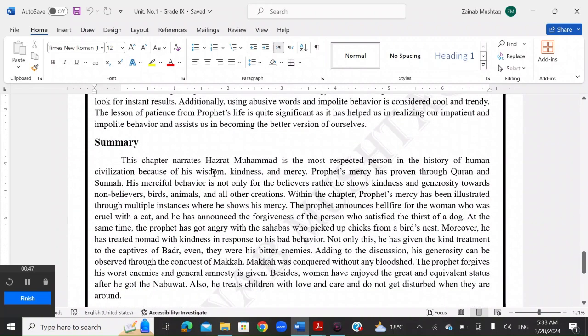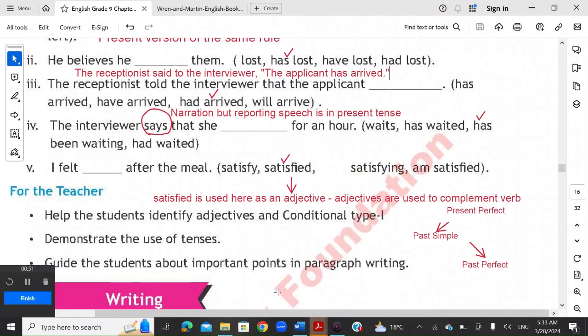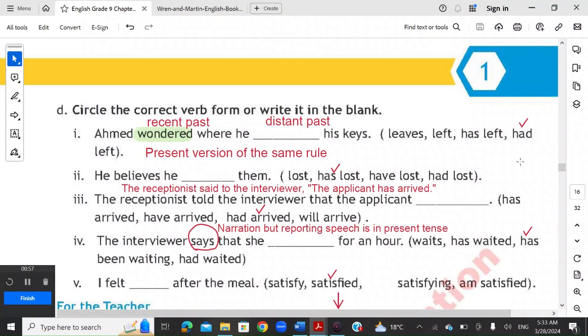Okay, so let's begin with the work. The question is: circle the correct verb form or write it in the blank. If you want to only fill in the blanks, I will do that for you.